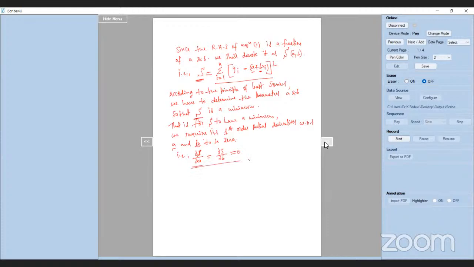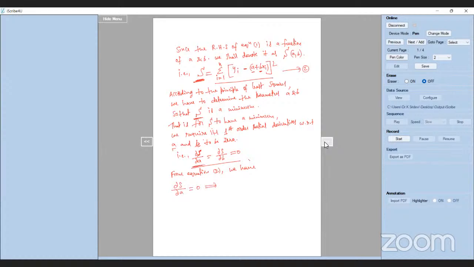What is dou S by dou A? From equation 2, give equation number 2. From equation 2, we first differentiate partially with respect to A, that is, dou S by dou A is equal to 0.